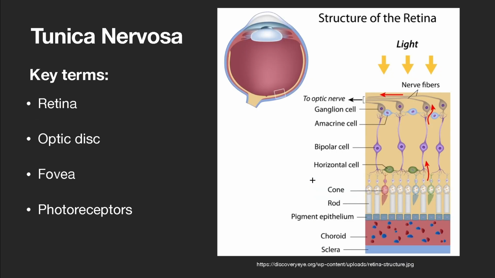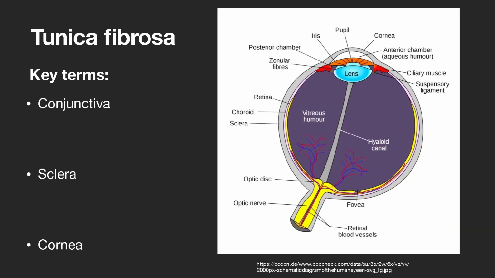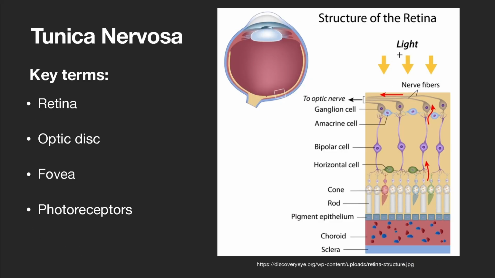Then we have the fovea, and that is this little divot here. And the fovea is the center of your retina, and it is where vision is the absolute best. And this is because when light enters your eye, when it reaches the retina, it has to travel through all of these structures and then reach the cones and rods.